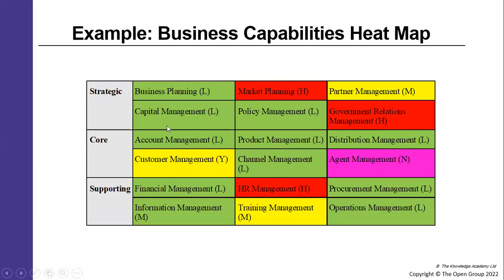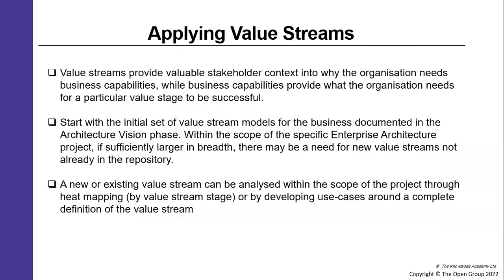Green means we have a good capability in this. Red is where we kind of lag. And the last one is purple, where something is planned, but nothing has come into the picture till now. Got it?